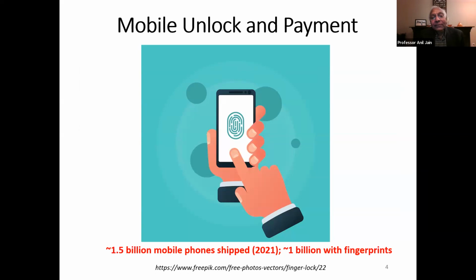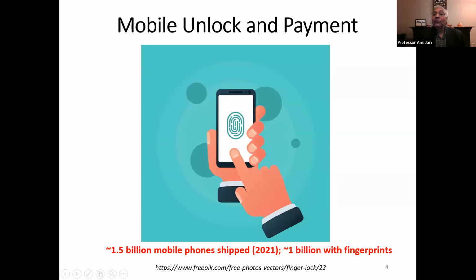If you look at these statistics, about 1.5 billion mobile phones were shipped in 2021 alone, and 1 billion of them have fingerprints. About 60% of the phones have a fingerprint scanner in it. And this essentially shows what a huge market there is for fingerprint technology.